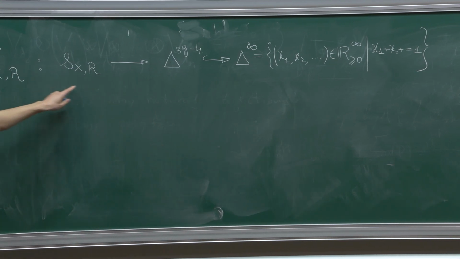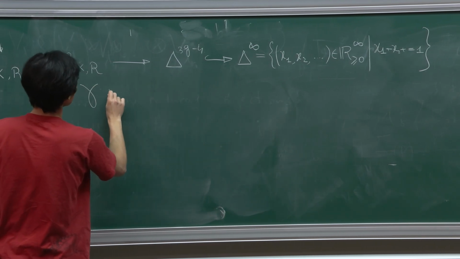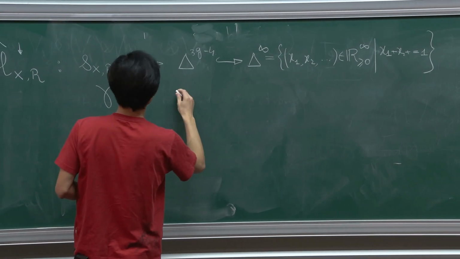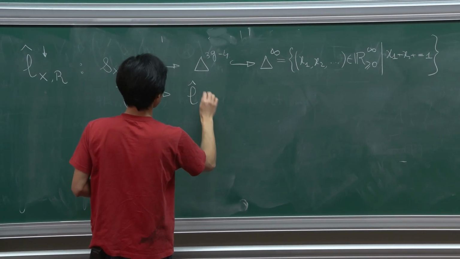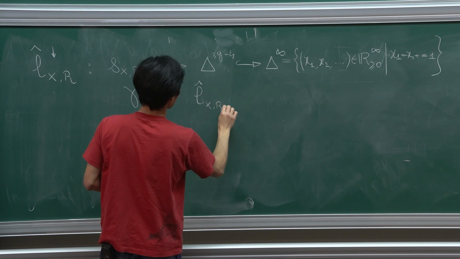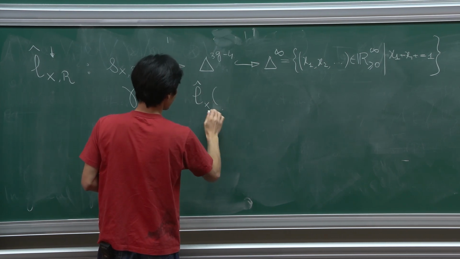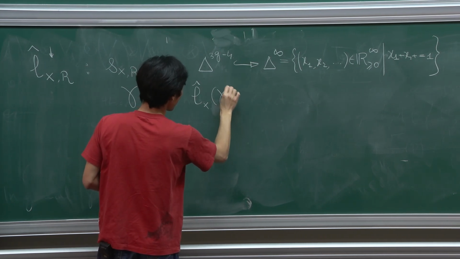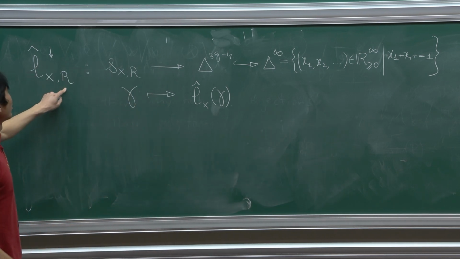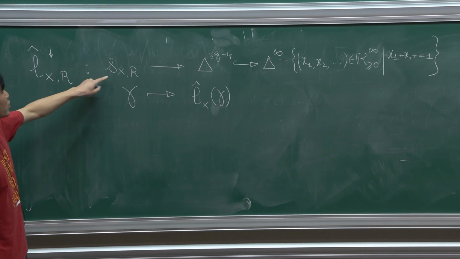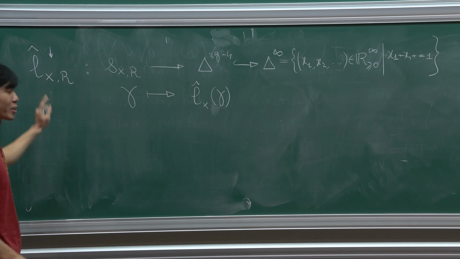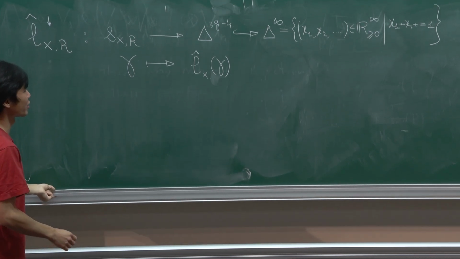And once you put all of them together, this function doesn't depend on R. The underlying map does not depend on R, but the measure depends on it, so it's better to write something like this.